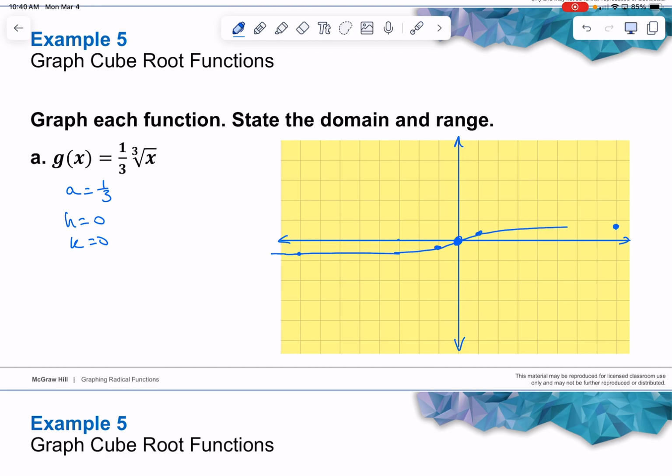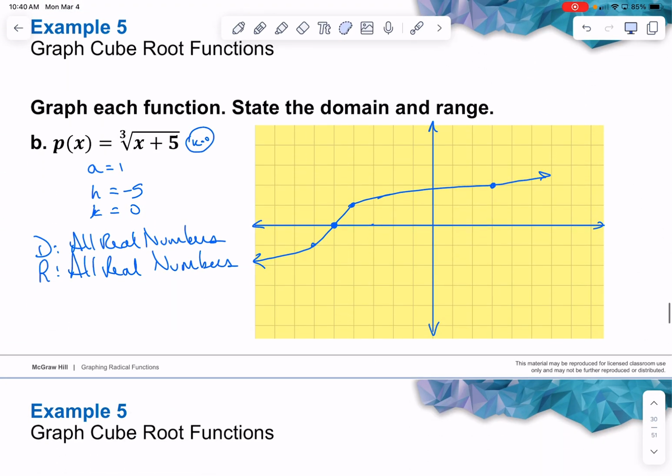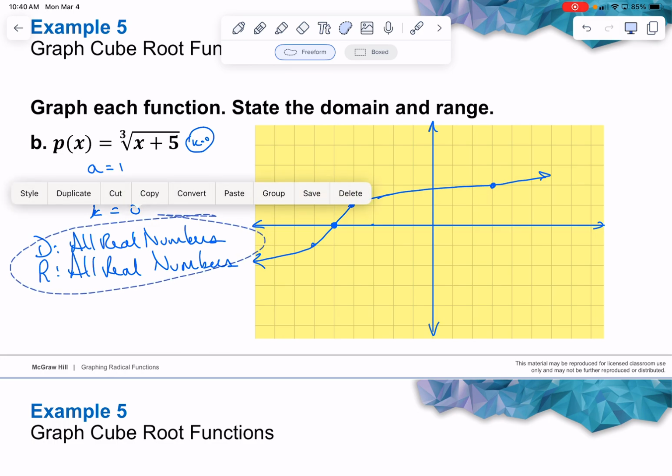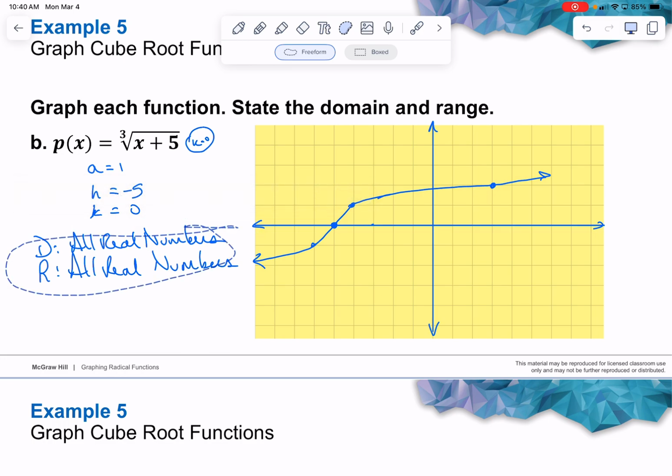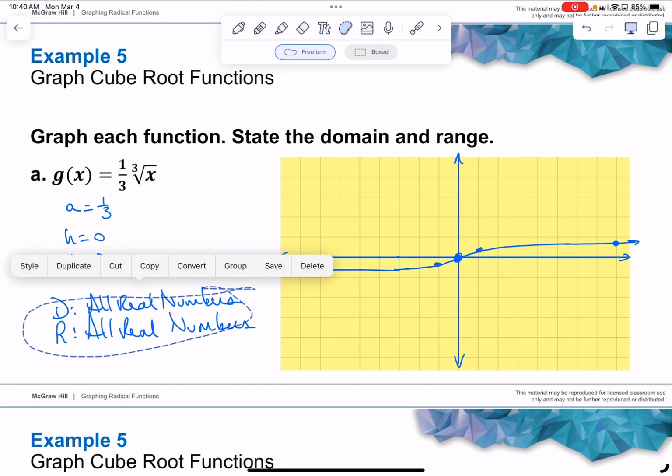Very little vertical change in this function. It still keeps increasing to the right and decreasing to the left, but it's just not very tall, huh? It's going to take it a while. Domain and range, all real numbers.